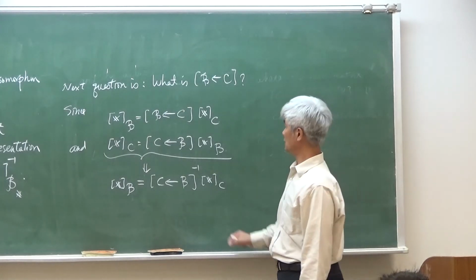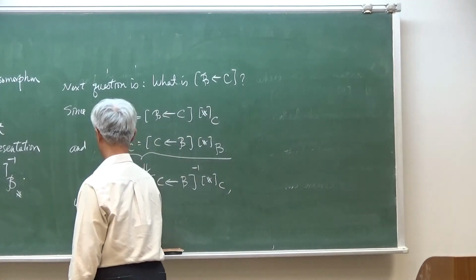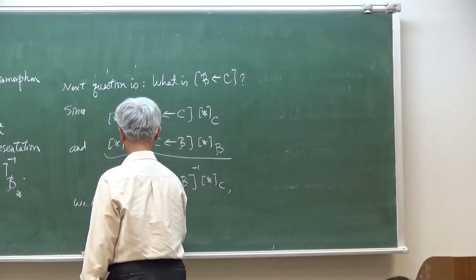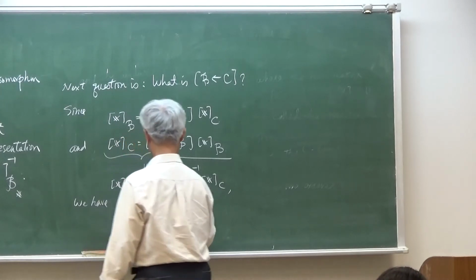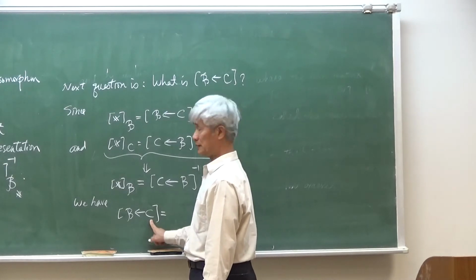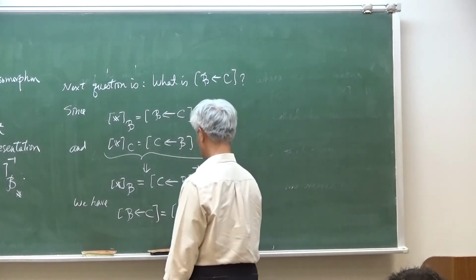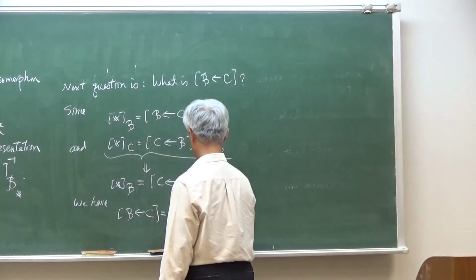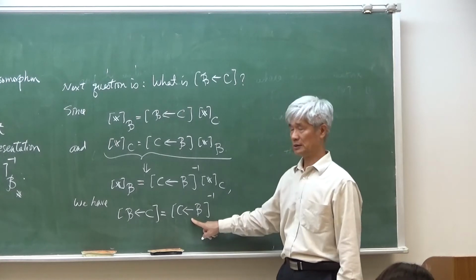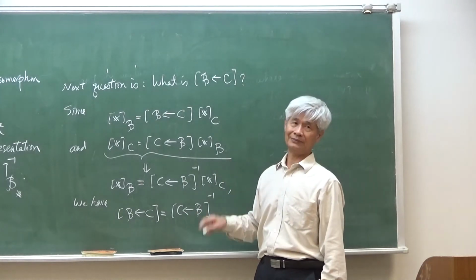So you compare them, and we have the change from C coordinate system to P coordinate system. This transition matrix is the inverse of the transition matrix from the B coordinate system to the C coordinate system.